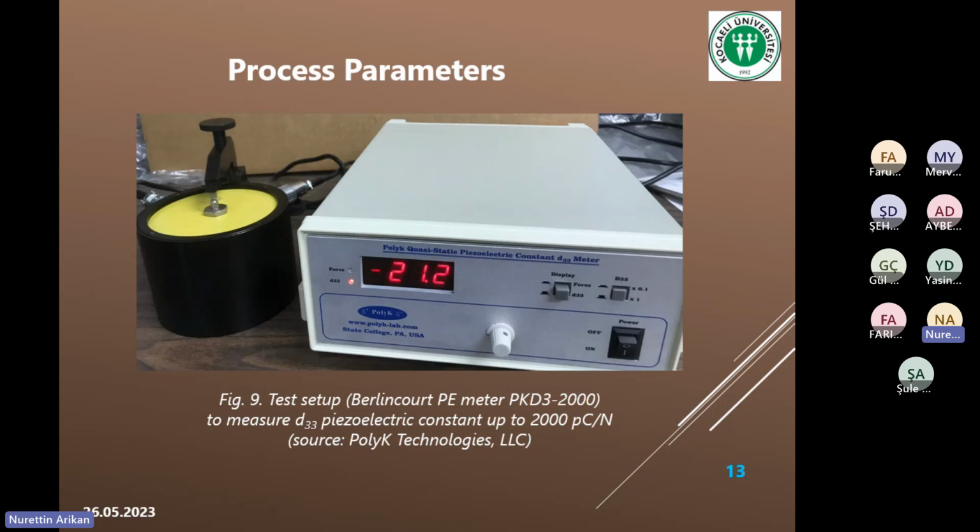There are commercial piezoelectric meters equipped with load cells or other sensors. You simply put your sample into the load cell, and after applying a predefined force, it will show how high the piezoelectric constant of the material or functional layer is.